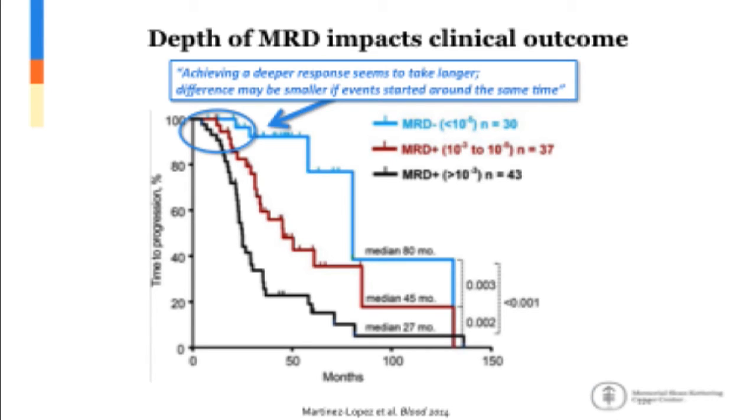I'm saying that just looking at the graph without having analyzed the data, but it looks like what this graph mostly shows is that it takes a long time to achieve a deeper response, like the black curve, the 10 to the minus 3 status, that happens maybe within 6 months or so.